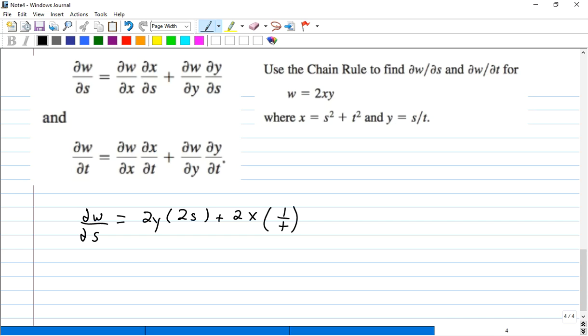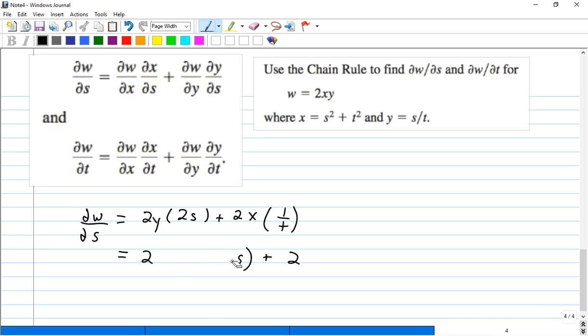So once you follow the formula, then you have to come back in and plug in for x and y. So that will be 2 times s squared plus t squared times 2s plus 2, wait, I plugged in x. I need to plug in y.